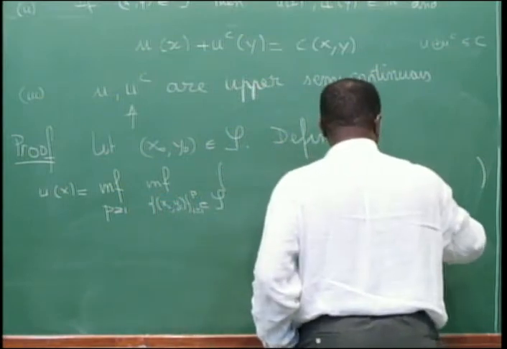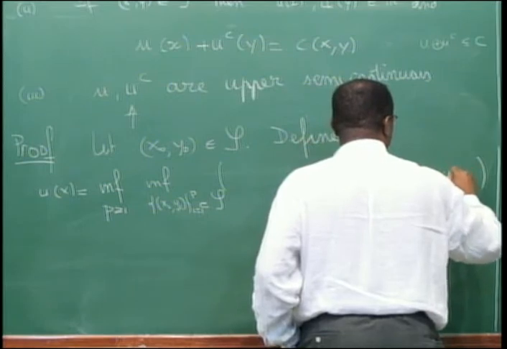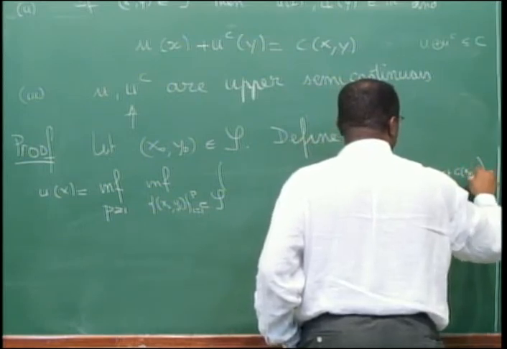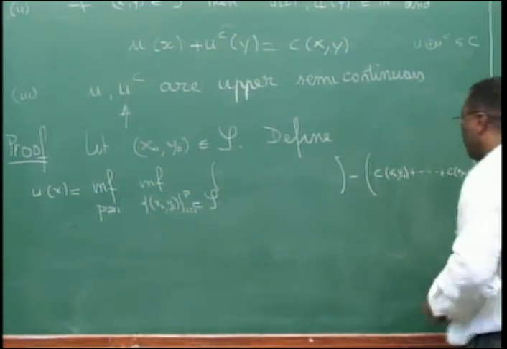I have C of x naught, y naught, plus C of xP, yP. And here I am going to increase the cost.